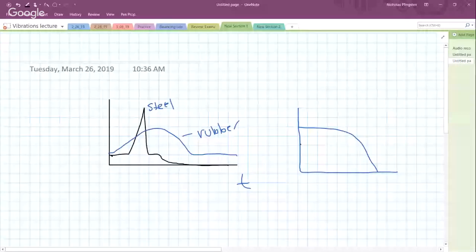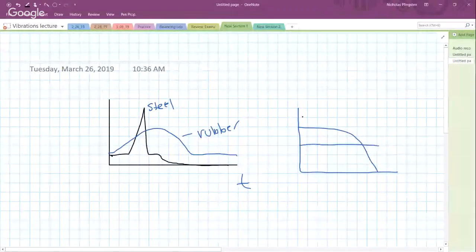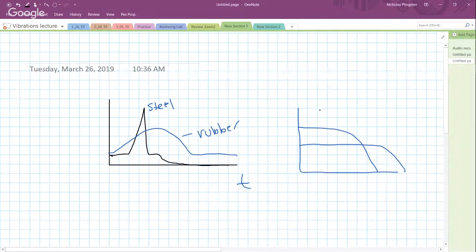All right? So, I'm sure we've all done this, right? You strike a piece of metal with another piece of metal, what do you hear? All right. Hit it with a rubber hammer, what do you hear? You don't hear as much whack. You're not exciting the higher frequencies. All right.